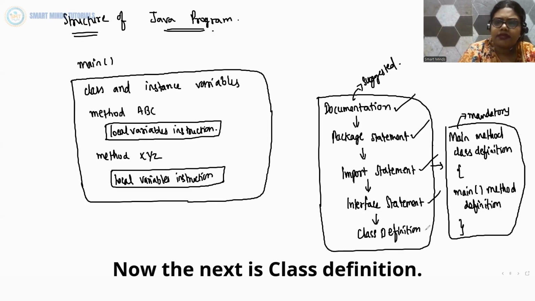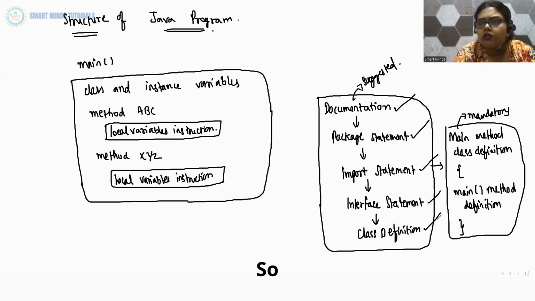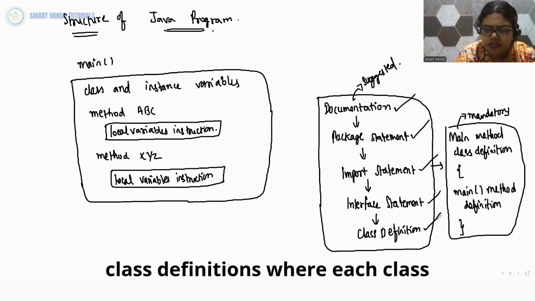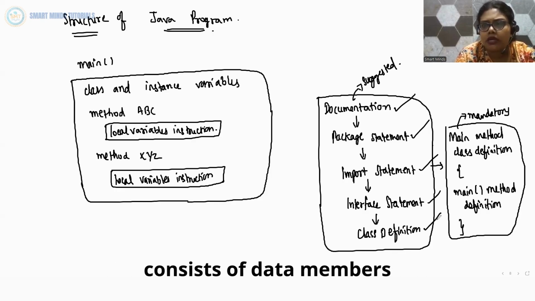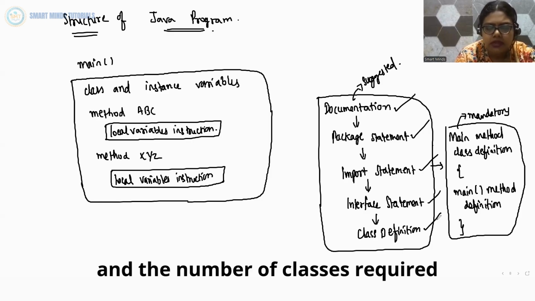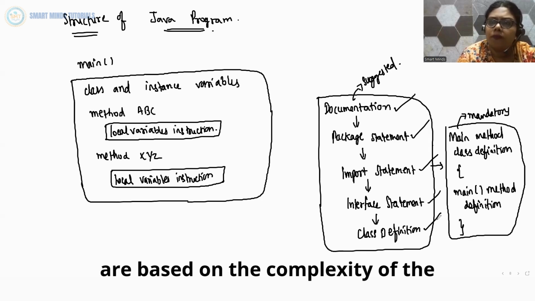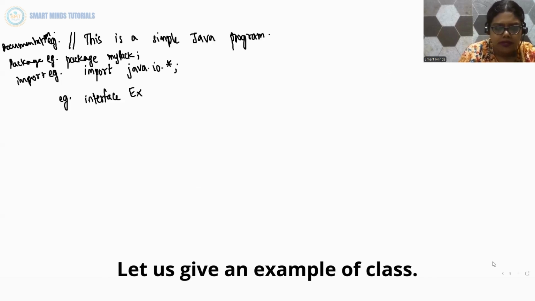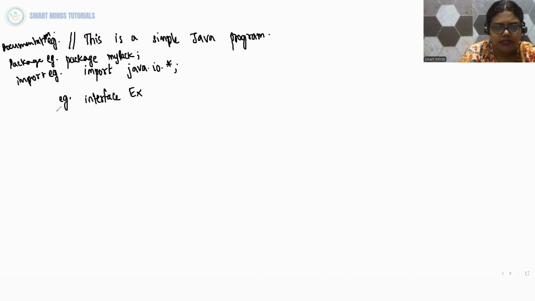Now the next is class definition. So this section consists of a number of class definitions where each class consists of data members and methods. And the number of classes required is based on the complexity of the problem. Let us give an example of a class: class simple.